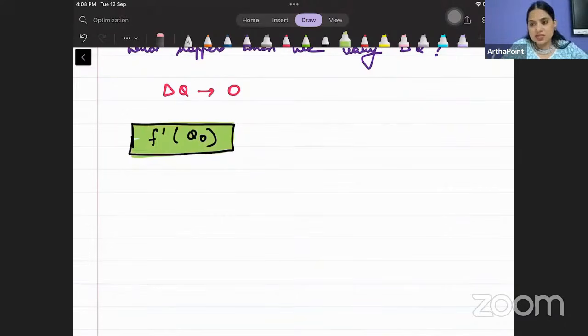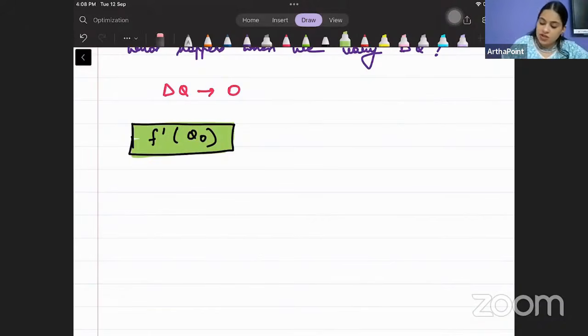Understand this carefully: whenever we find a slope, the change in the denominator we take tends to 0. That means we make that change very, very, very, very small. We reduce that change to a very, very small amount, and then we see what is the change in y. Accordingly, we will get the slope at that point.